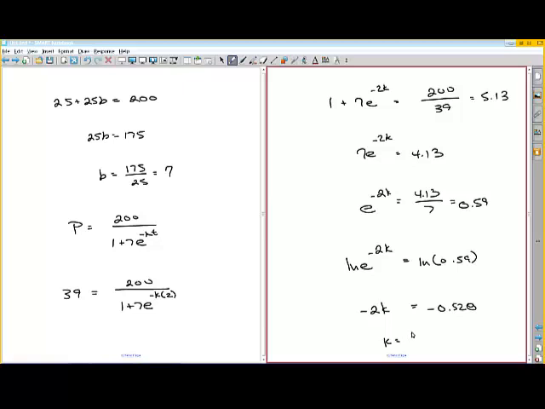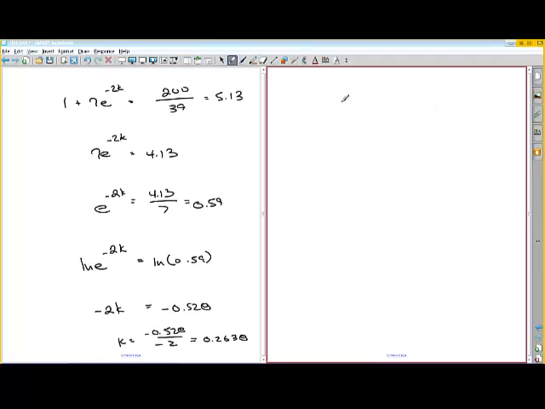So k is equal to negative 0.528 divided by negative 2, which gives us 0.2638. Let me just make sure everything's right, 0.26, okay.